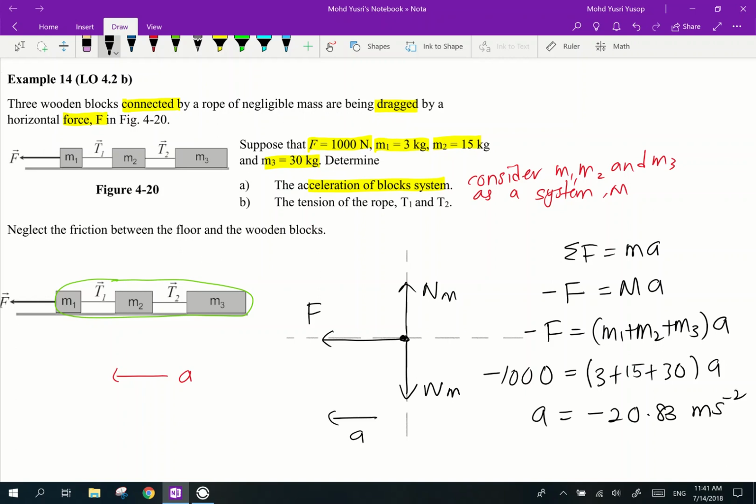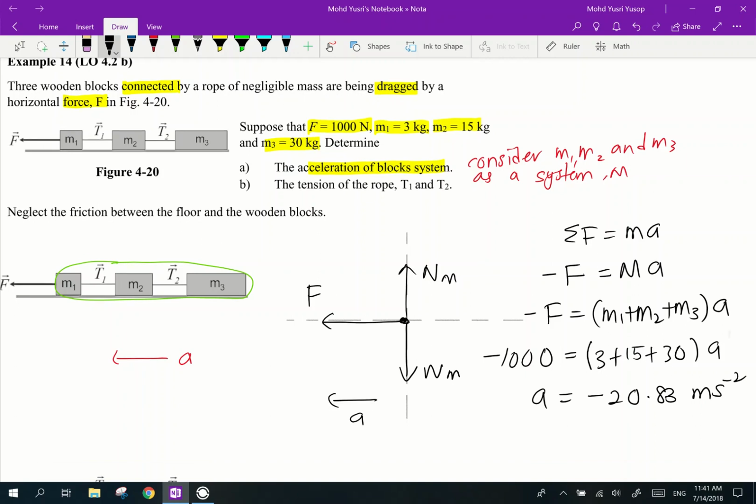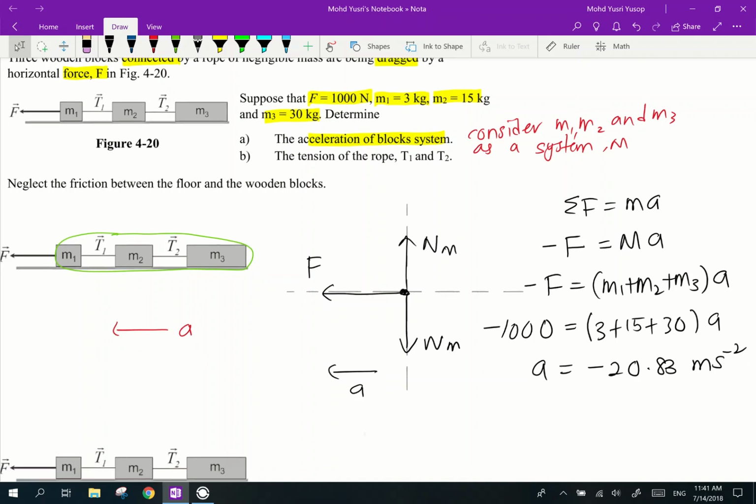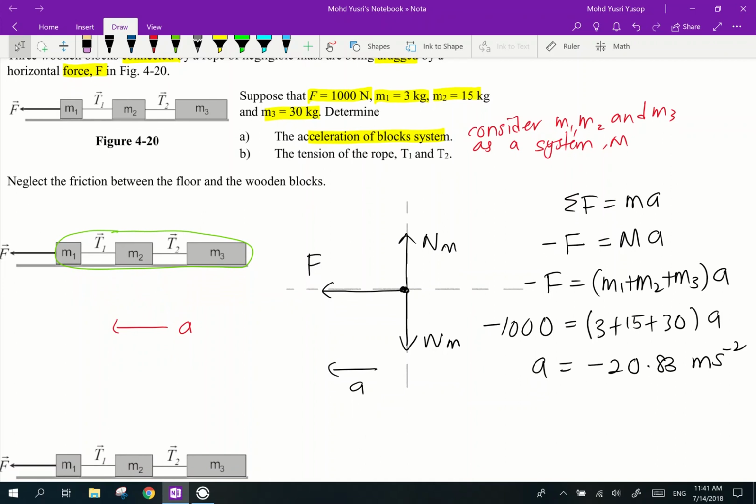Now, saya tak substitute negative sign awal-awal untuk acceleration, tapi akhirnya saya akan dapat juga acceleration sama dengan 20.83 meter per second square, and that negative sign indicates that the direction of acceleration is to the left. So that's for question A.